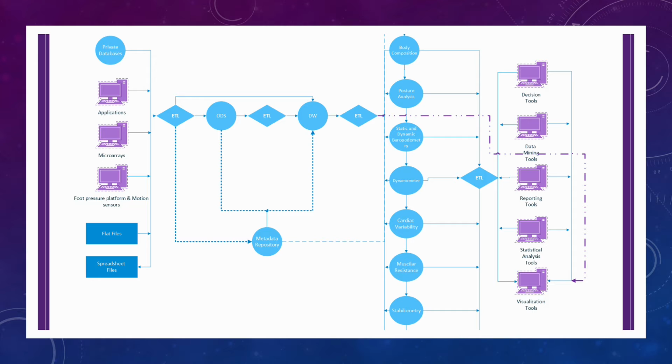Here you see body composition, posture analysis, static and dynamic, baropodometric, dynamometer, cardiac variability, muscular resistance, and stabilometry. These are all the assessments Tau has created to improve athletes' performance.